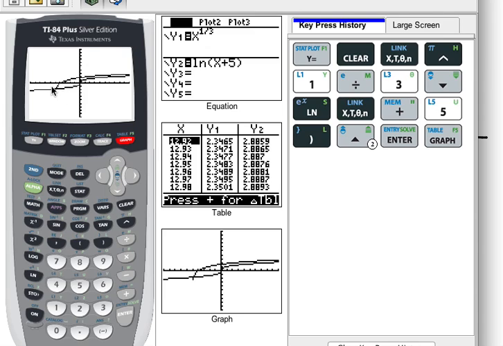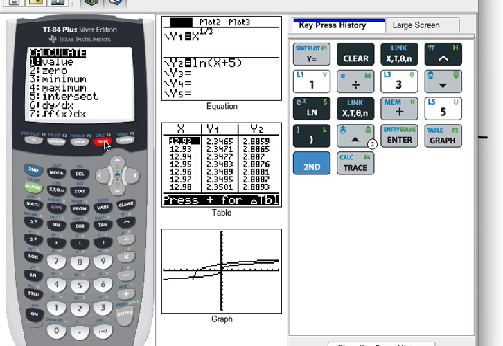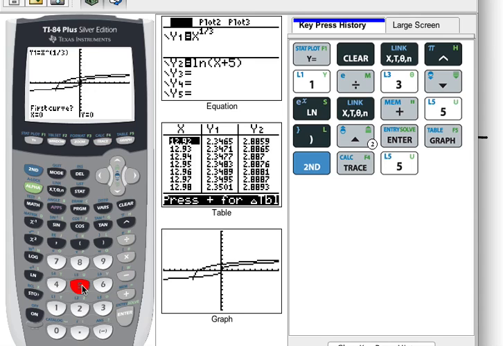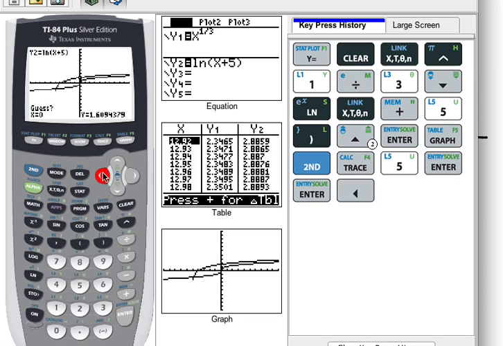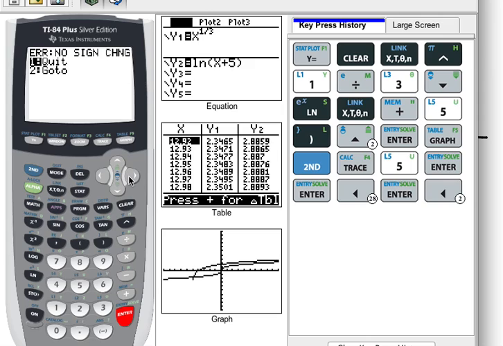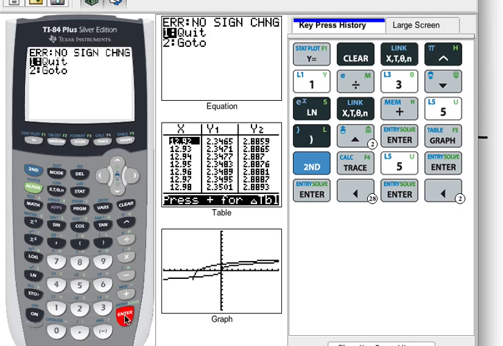We were guessing there. Okay, so we can go to our second trace, which is calculate. Go find your intersection point, number 5. It'll ask you to find the first curve, the second curve, and then a guess, so we can scroll somewhere kind of over there. And we could guess there. Just kidding. I went way too far.